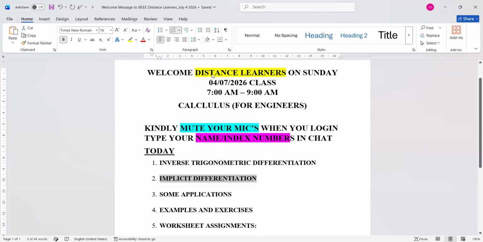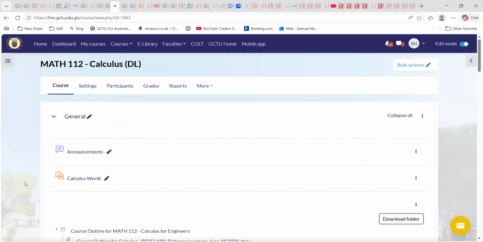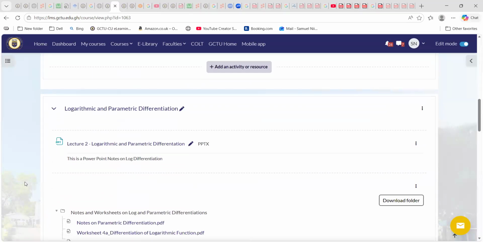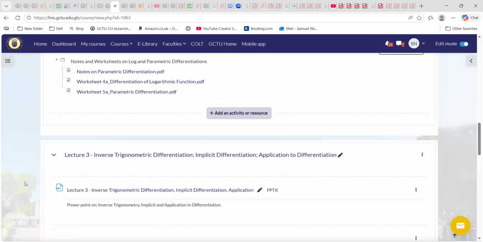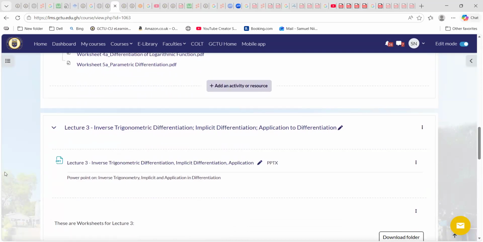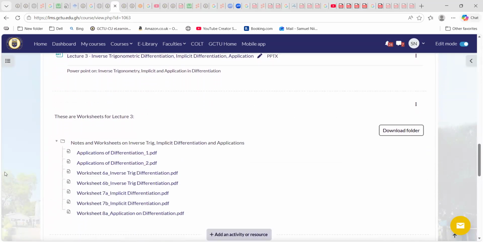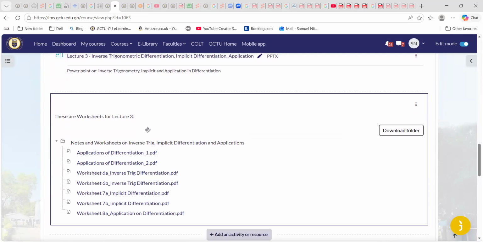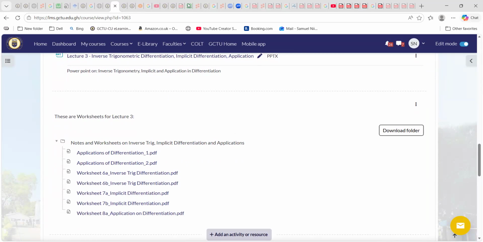On the LMS, I have placed all the materials with respect to what I'm about to do. The lecture 3 PowerPoint is here, and the various worksheets to go with today's work are also here. So you have all the materials which I'm going to use.